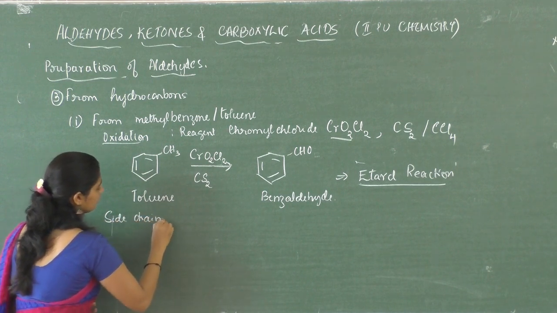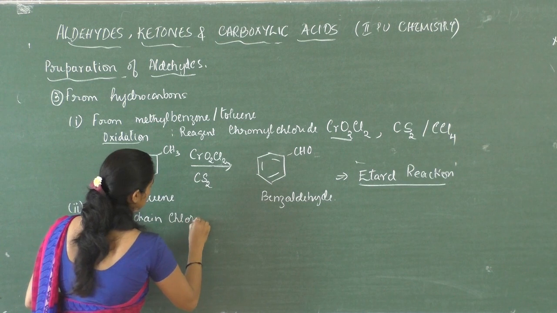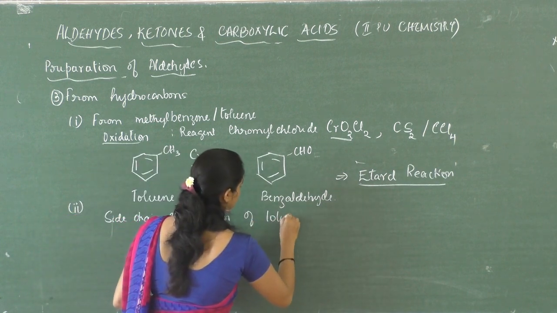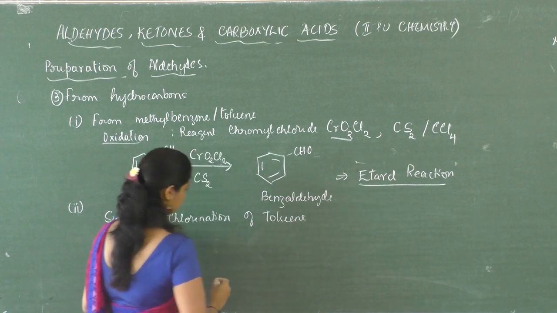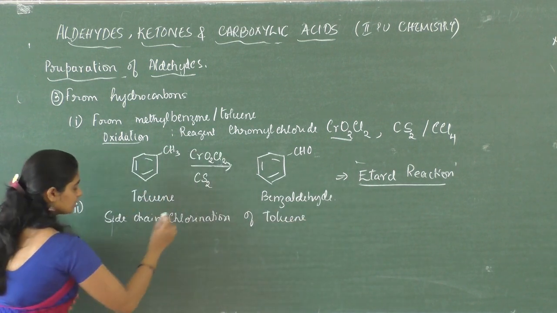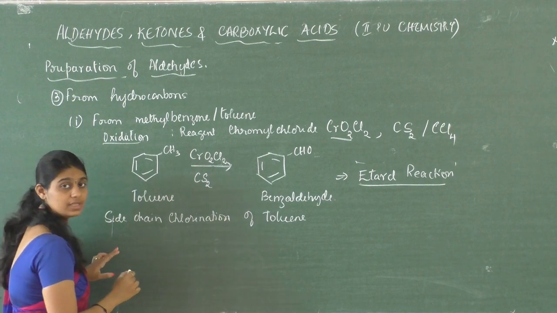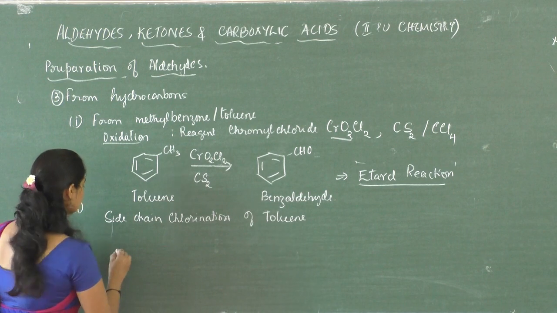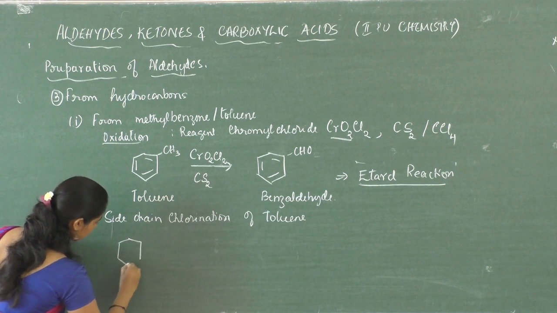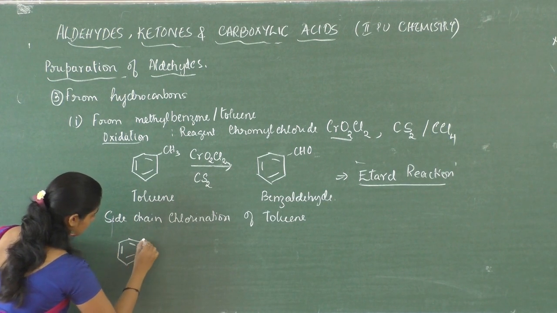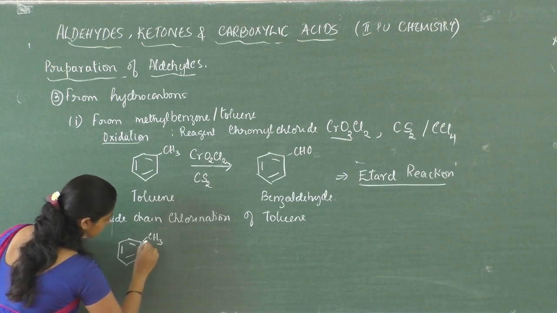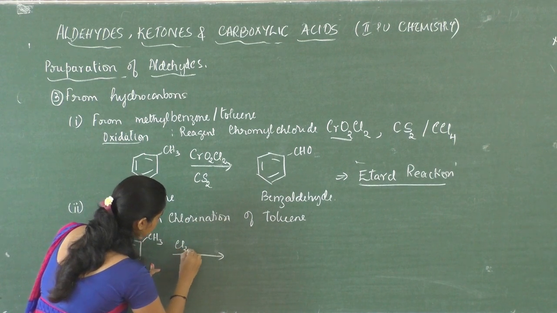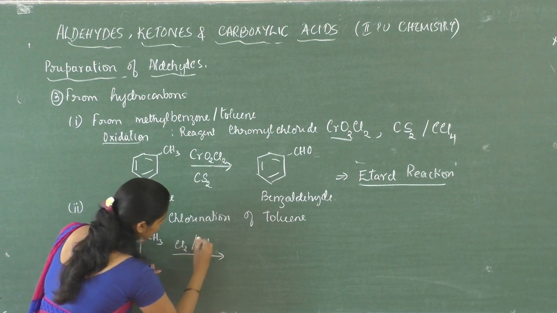So when toluene is subjected to chlorination, this is the side chain, that is the CH3 group, and it is chlorinated in the presence of sunlight, that is represented by hv.